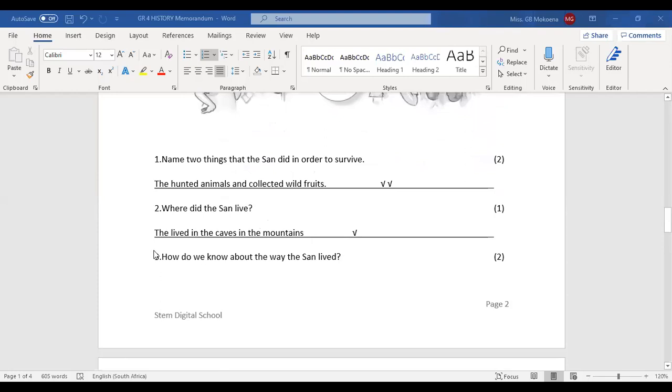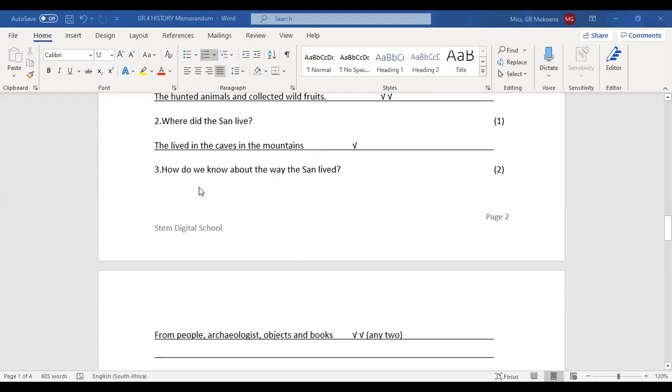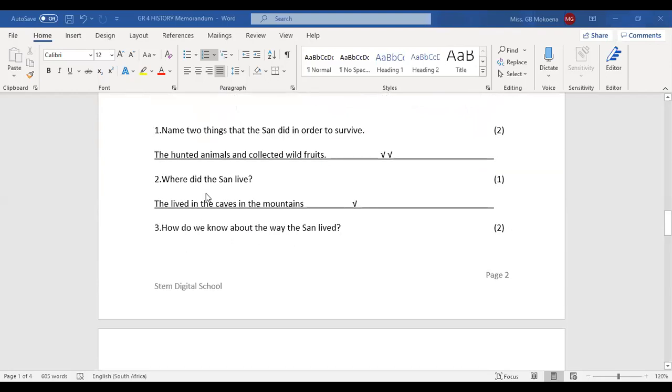Where did the San live? They lived in the caves, in the mountains. Okay, how do we know about the way the San people live? How do we know? Tyron?